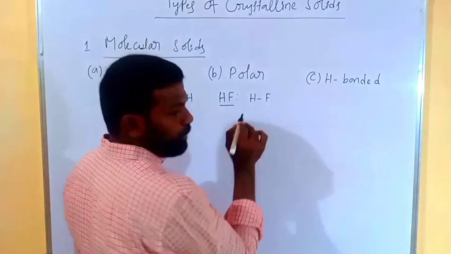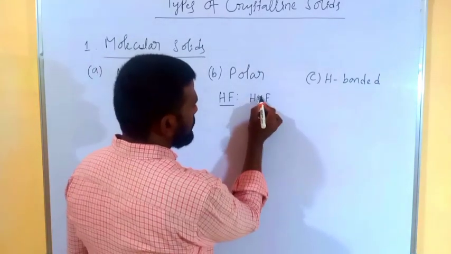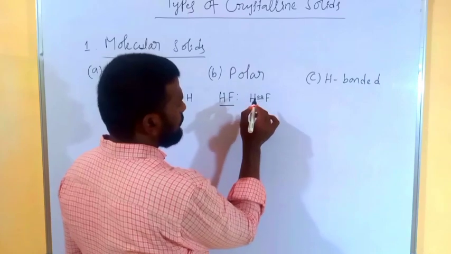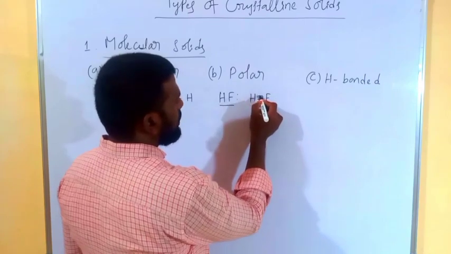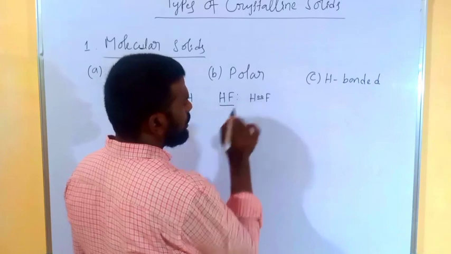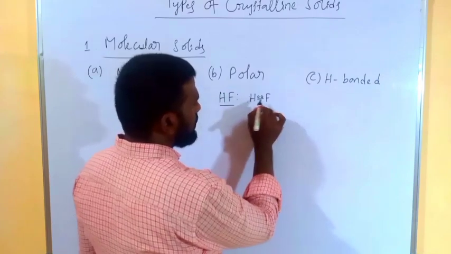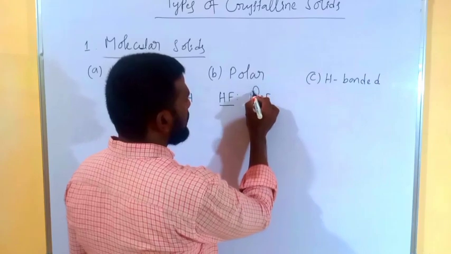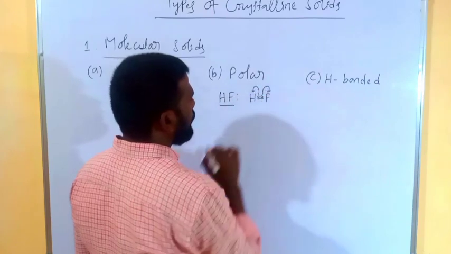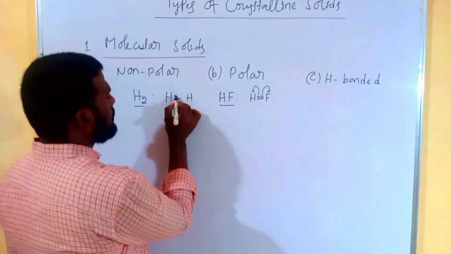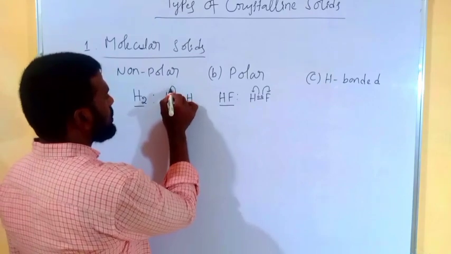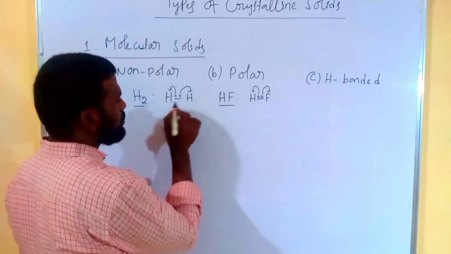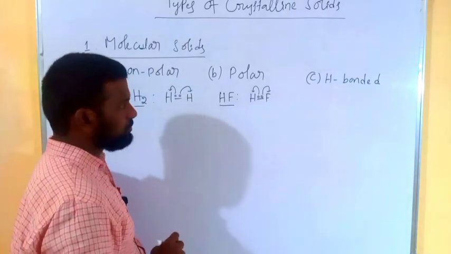A bond consists of two electrons. Particularly in the case of a covalent bond, these two electrons are equally contributed by the constituent atoms. That means here one electron belongs to the hydrogen atom, another electron belongs to the fluorine atom. Similarly here also two electrons will be there. One electron belongs to a hydrogen atom, the second electron belongs to the second hydrogen atom.